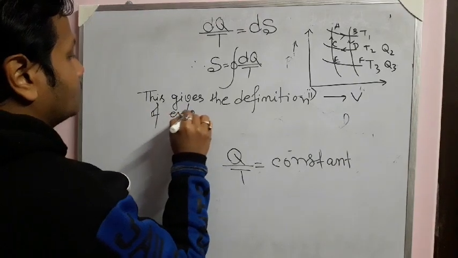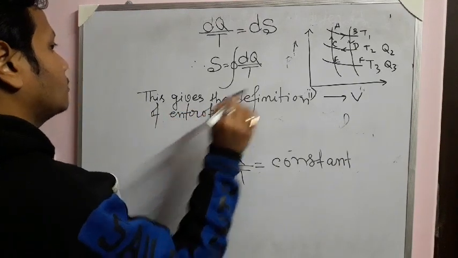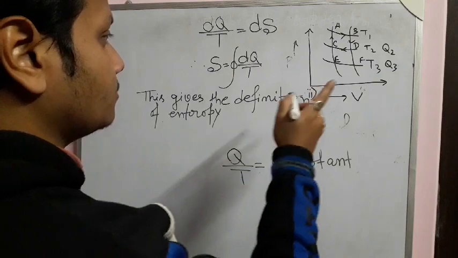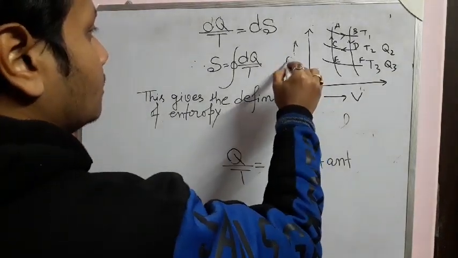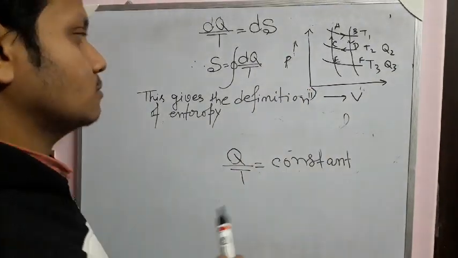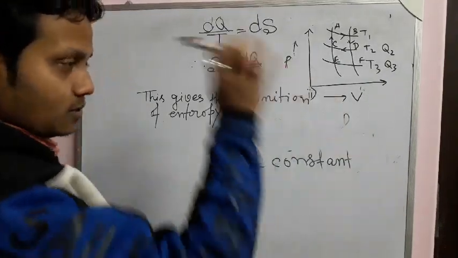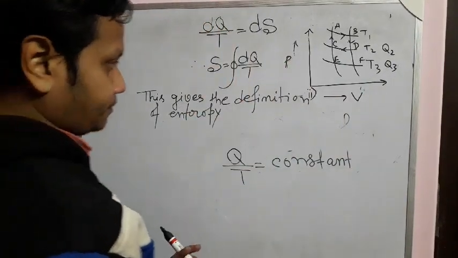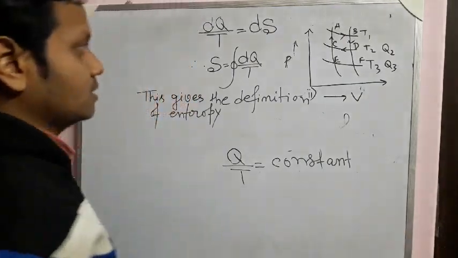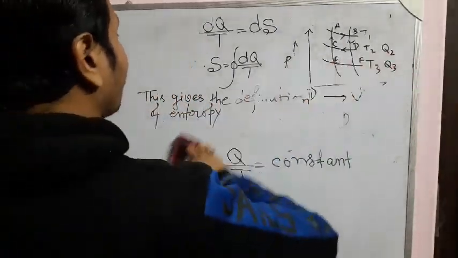Thus we see that by considering the Carnot cycle PV diagram, the concept of entropy also becomes right. That means it agrees with the previous definition.